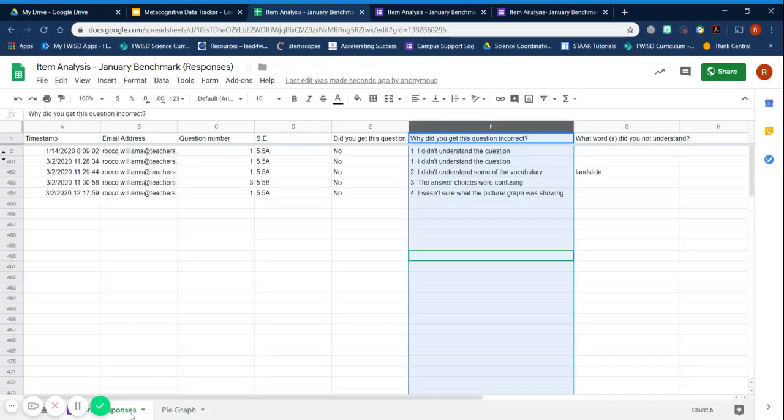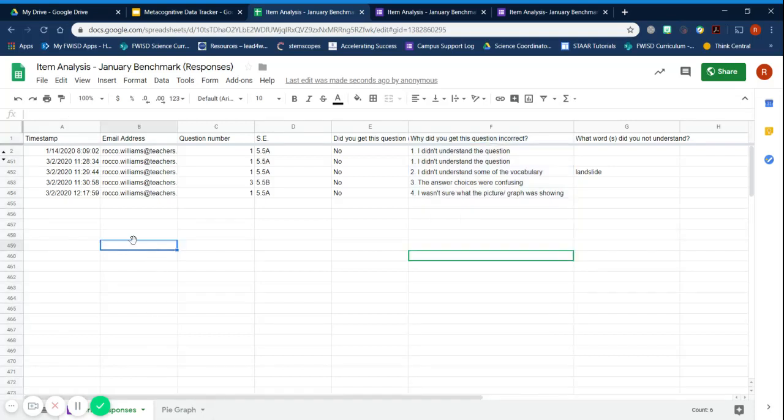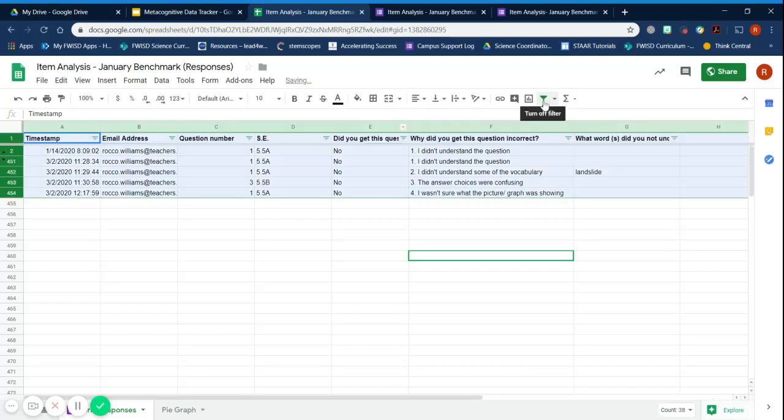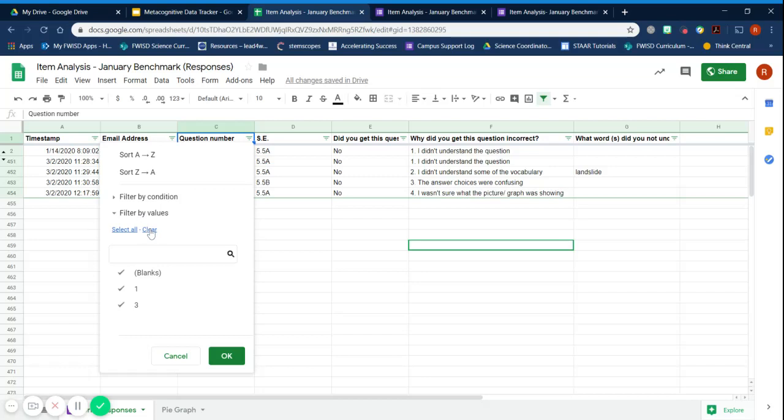Now, the cool thing is when a teacher goes to a data meeting and there's a specific question that they really struggled with, you can actually filter all of this data. So I selected this top row and I hit, it says create a filter. And then if I click on question number, I can clear all of these checks and just select, let's just say it was number 1. Let's say we kind of did poorly on number 1.